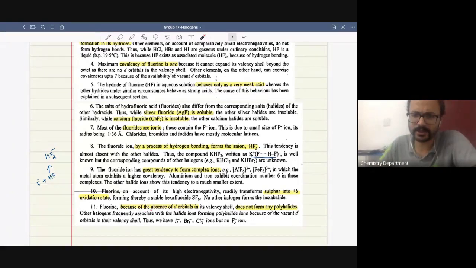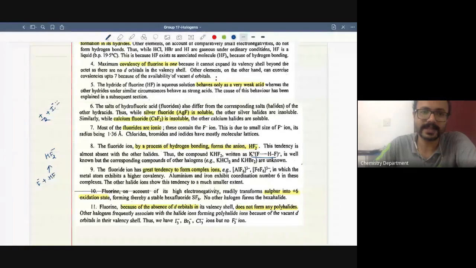Then this thing you're pretty aware of, that fluorine has an absence of d orbitals, and therefore it doesn't form polyhalides. Like I2 can react with I minus to form this kind of an ion.